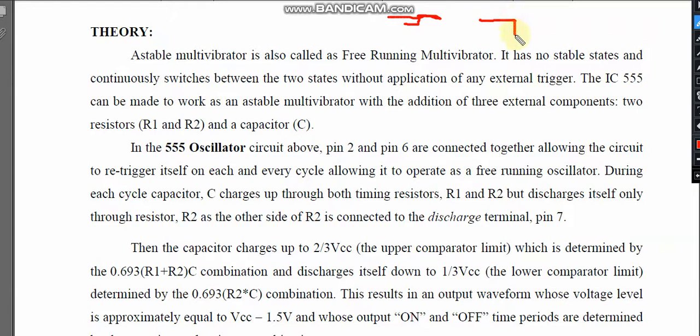When it discharges, it goes to 1/3 of the applied VCC. So the height depends on the applied voltage VCC. Your 555 timer can be operated from 5 volts up to 12 or 15 volts, so you can have this square wave value depending on the VCC applied.